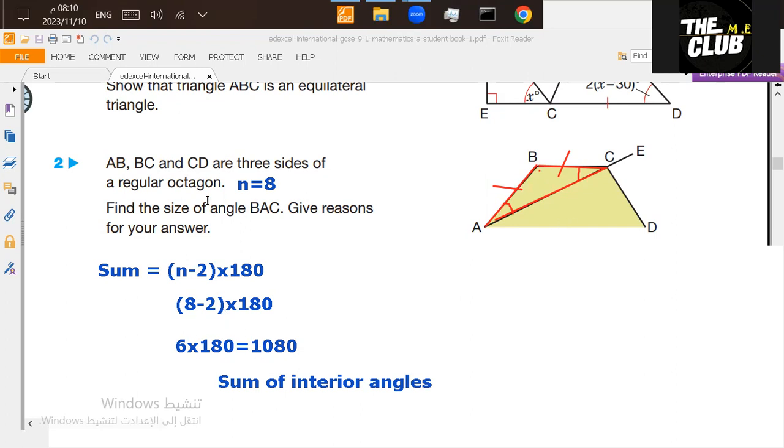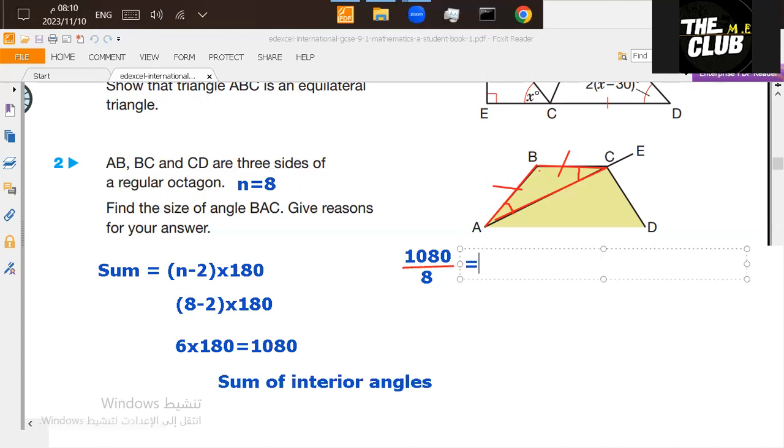So I have 1080. Now I know it's a regular octagon. It means all the angles are the same. So when we take the 1080 divided by 8, I will get each angle alone. So I'm going to say 1080 divided by 8 will give me what? Will give me the size of each interior angle.